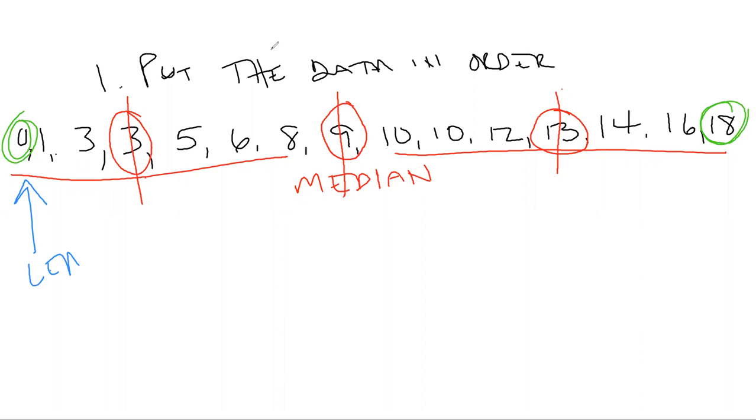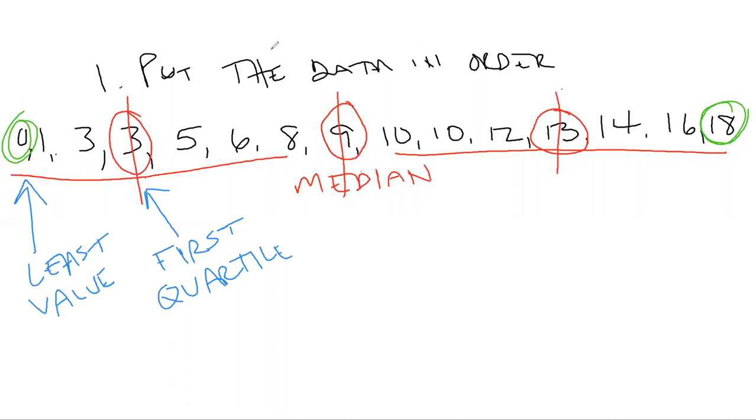This book likes to use least value, but you might see it called lower extreme. This is called the first quartile, not the first order, the first quartile.